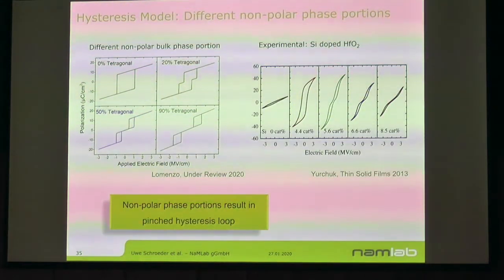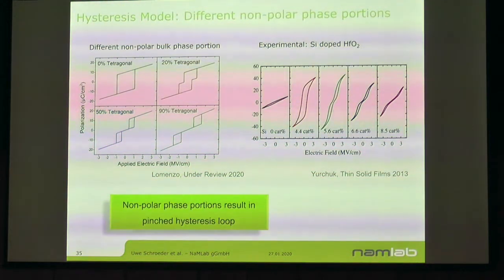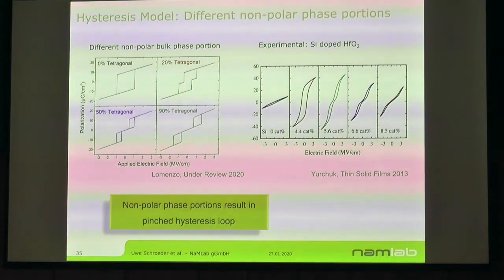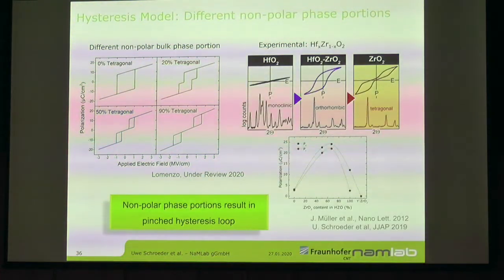And this is how this looks in experiment. Here's silicon doped hafnium oxide. You can see nice hysteresis, and then for higher silicon content, how this pinching of the hysteresis loop occurs. The other material I'd like to show you is hafnium zirconium oxide. Again, you get from a normal hysteresis to a pinched hysteresis curve.